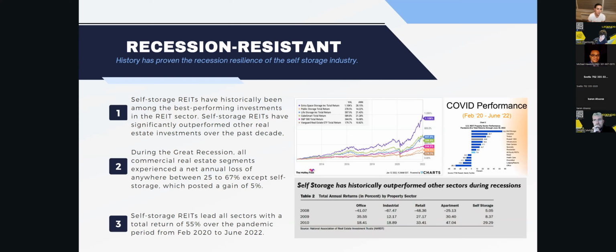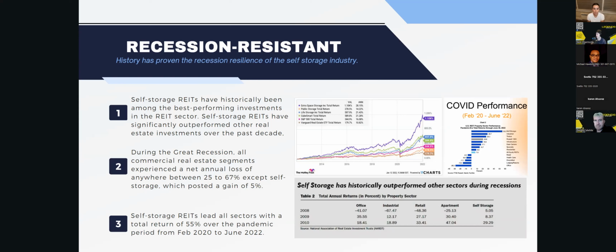Self-storage has a history. History has proven that self-storage has been recession resilient or recession resistant, however you want to use the term, but it is proven. Numbers don't lie, so that's why I have these charts here. Self-storage REITs have historically been among the best performing investments in the REIT sector.